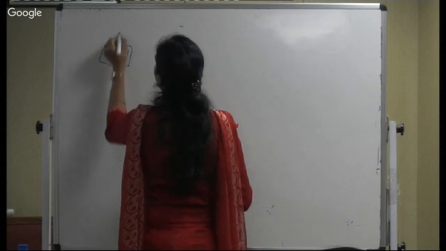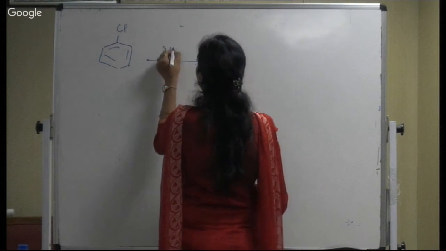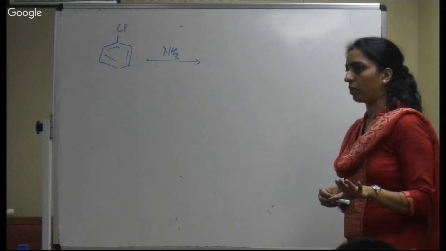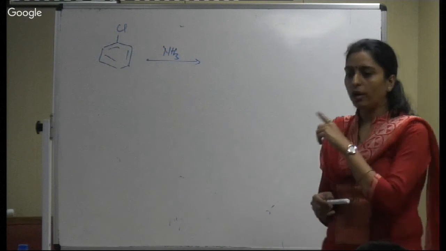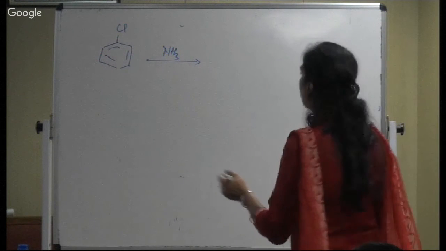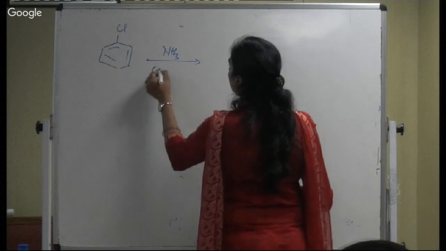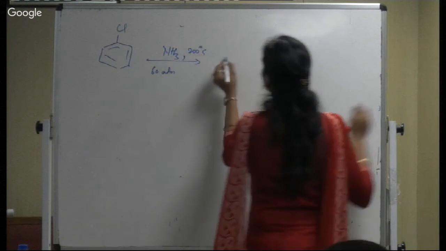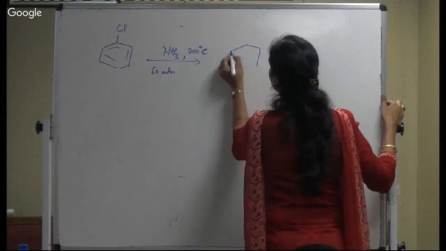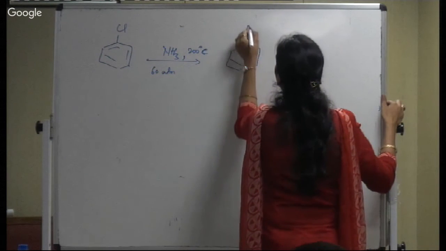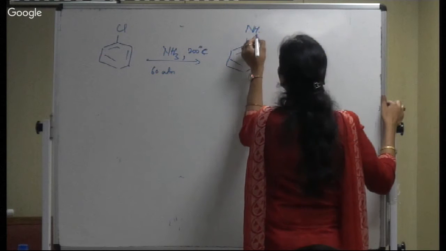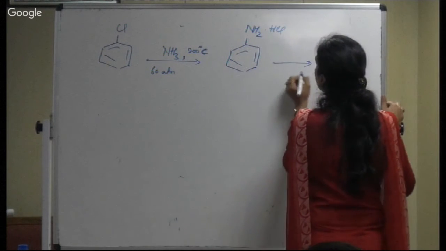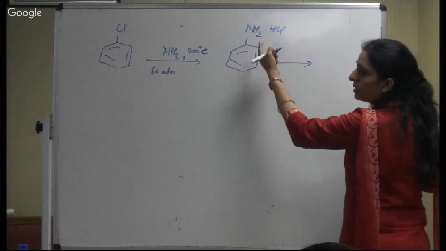What happens when chlorobenzene is treated with ammonia? Usually at room temperature you will not observe any product, but at 200 degrees Celsius and 60 atmospheric pressure, initially you will get a hydrochloride salt, because you know amines are basic in nature.